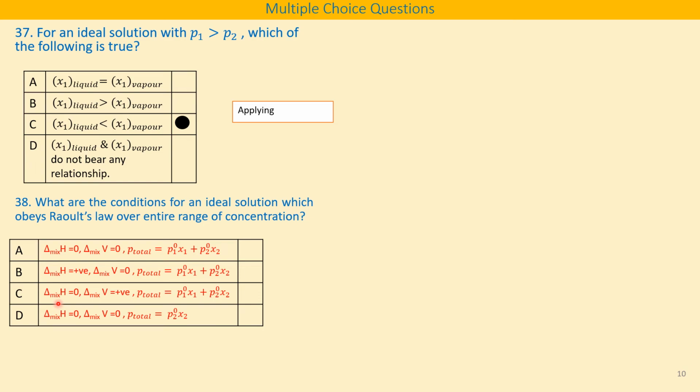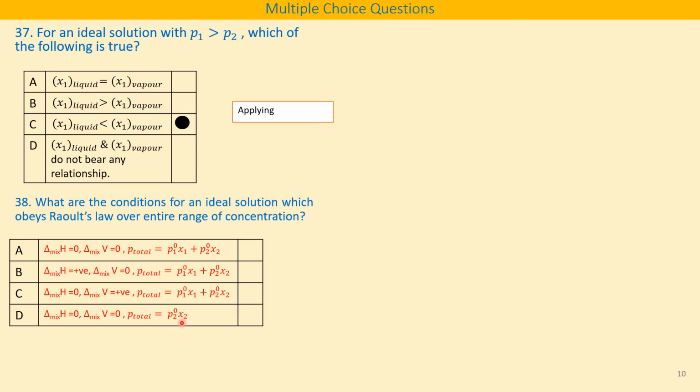Option C is delta mix H equal to 0, delta mix V equal to positive, P total is equal to P1 naught X1 plus P2 naught X2. Option D is delta mix H equal to 0, delta mix V equal to 0 and P total is equal to P2 naught X2.